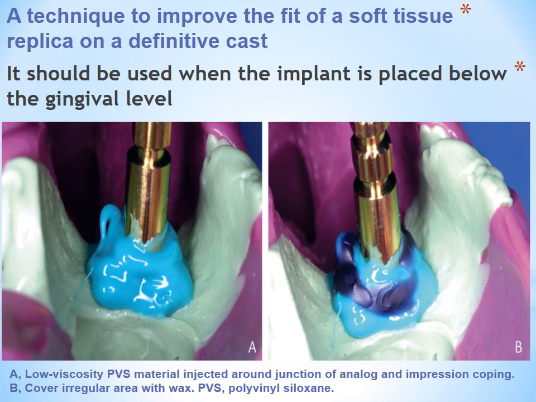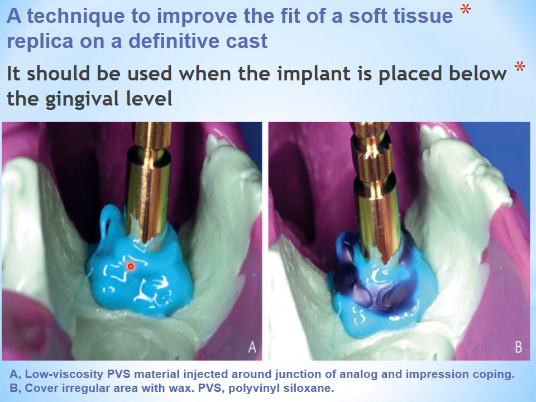A technique to improve the fit of a soft tissue replica on a definitive cast. It should be used when the implant is placed below the gingival level. We can use a low viscosity polyvinyl siloxane elastic impression material that can be injected around the junction of the analog and impression coping.